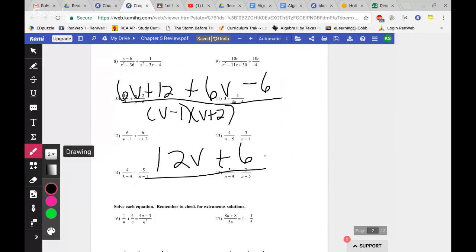Because a positive 12 minus 6 is a positive 6. You could factor a 6 out if you wanted to, but you don't have to. If you leave it like this, it's perfectly fine. If you factor it, it's perfectly fine. We can see it both ways. If you wanted to factor it, it would actually look like this.